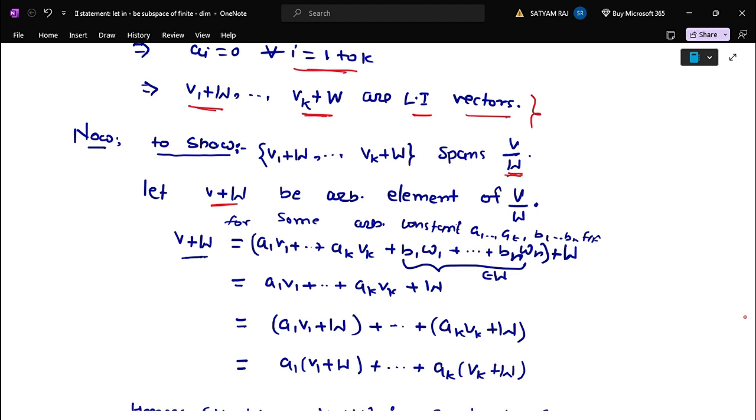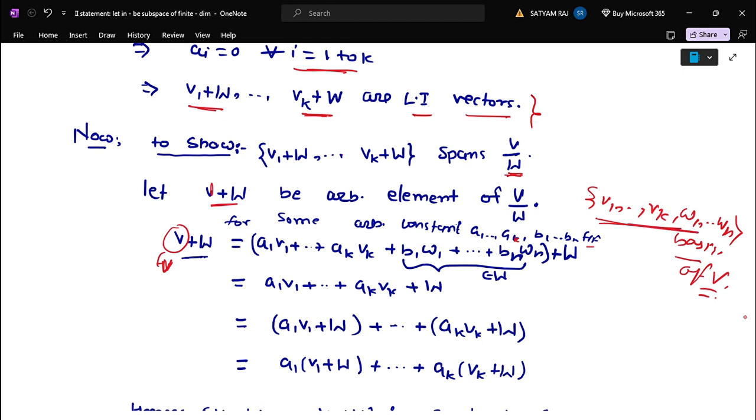Any element of V/W will be of the form v + W. So now for some constants a1 to ak and b1 to bn from the field, this v is from the vector space V, and what we know is that v1 to vk, w1 to wn is a basis of the vector space V. So we can write this vector as a linear combination of all these vectors.